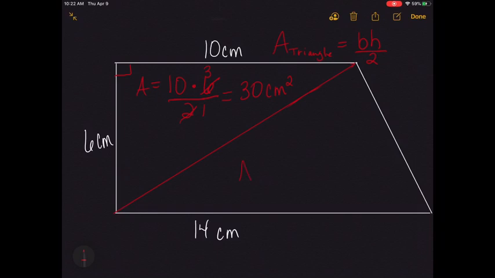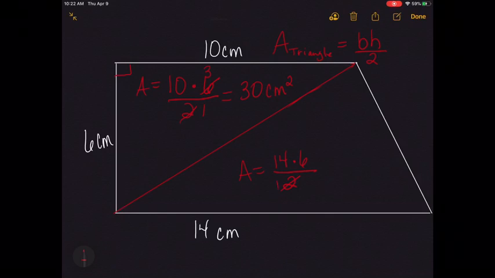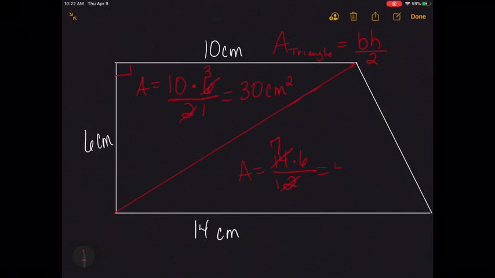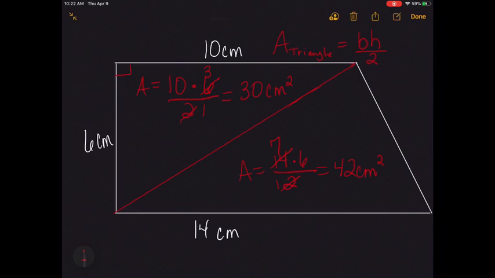And then the area for this one, our base is 14 and our height is 6 again. And we divide that by 2, and we can divide before we multiply. I did the 14 because multiplying by 14 isn't something we know very well, but we know what 7 times 6 is, and that's 42 square centimeters.